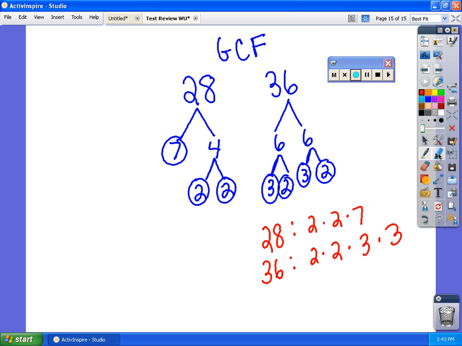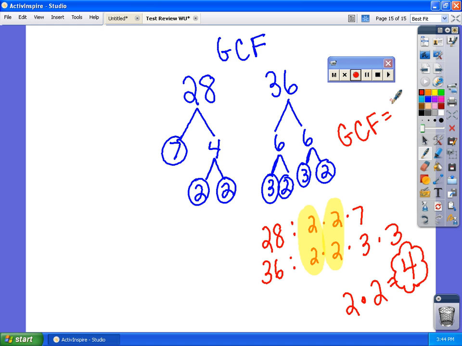Well, if you find what's common, the prime factors, they each have a 2, and they each have another 2. So what they share are two 2's. And if you multiply what they share, you get 4. And that 4 is actually the greatest factor of both 28 and 36.